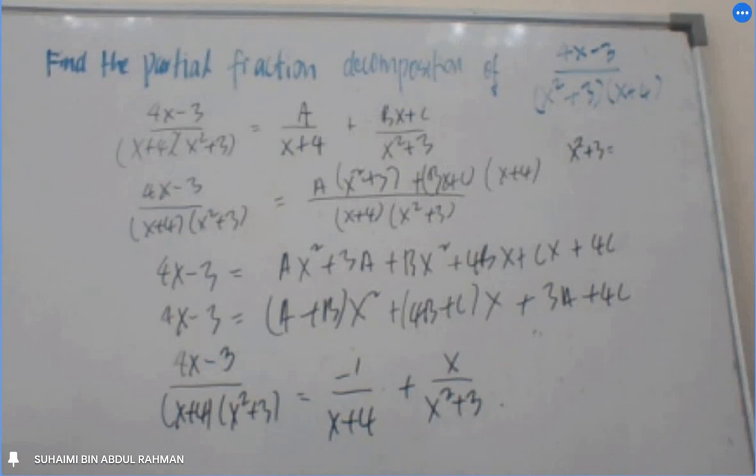So when you look at a quadratic, you have to make sure whether it is irreducible. Some can be reduced more, some are irreducible.